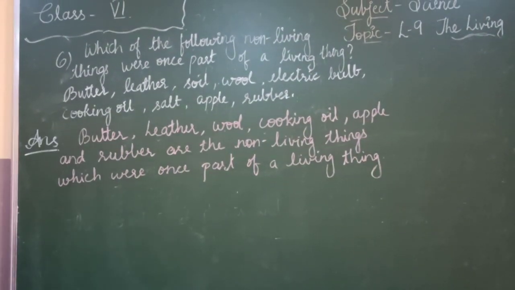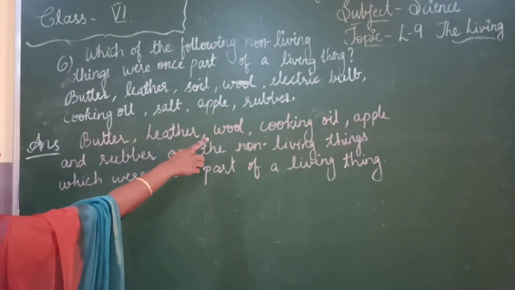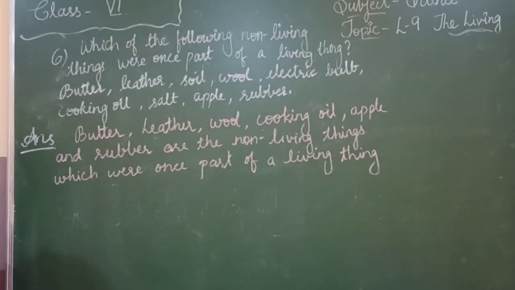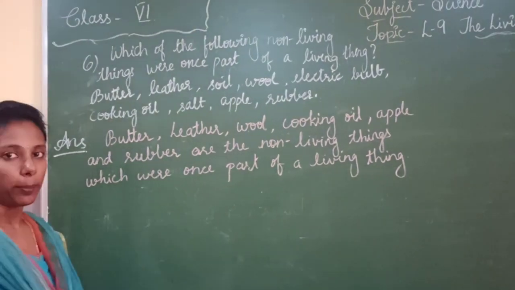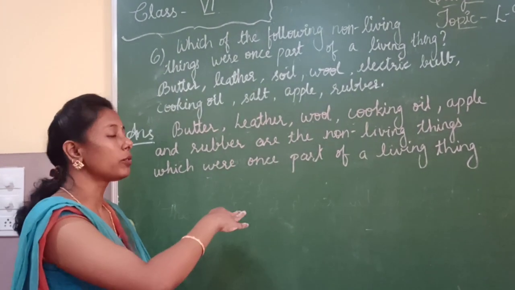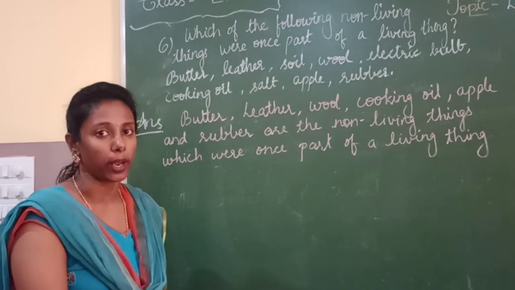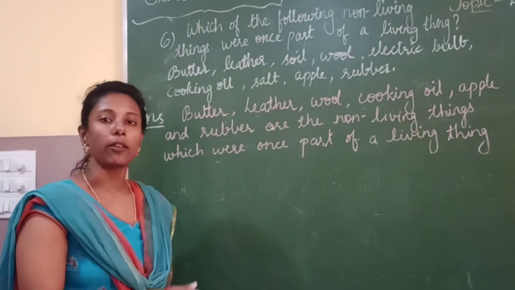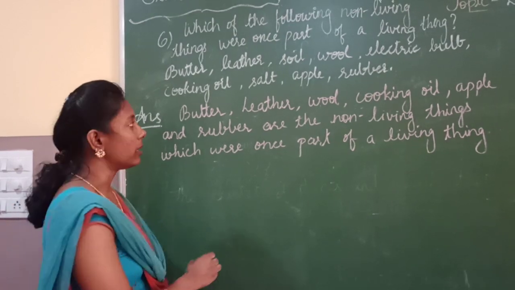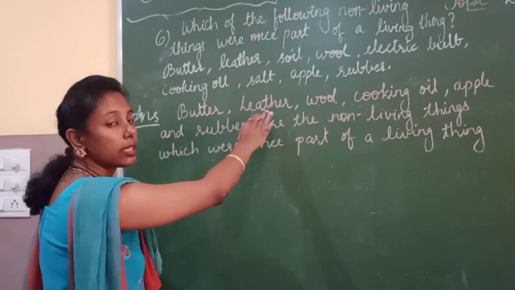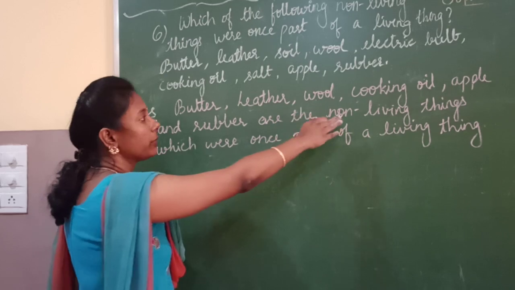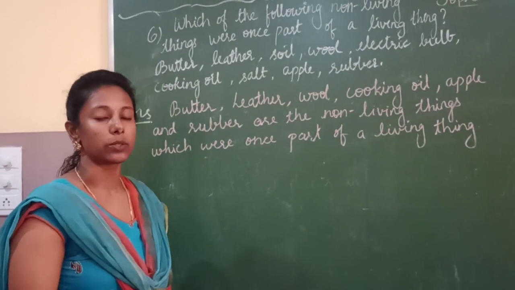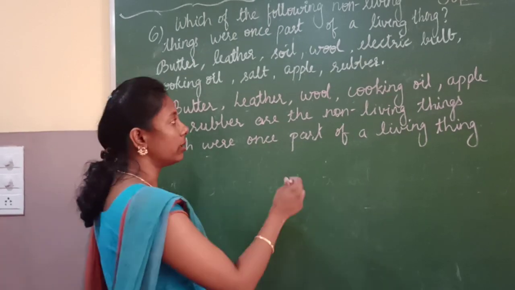Wool is the hair of the sheep, correct? When it was on the sheep, it was growing. After we cut the wool, it behaves as a non-living thing. In the same way, leather is the skin of an animal, and cooking oil we get from animal fats as well as plant seeds.